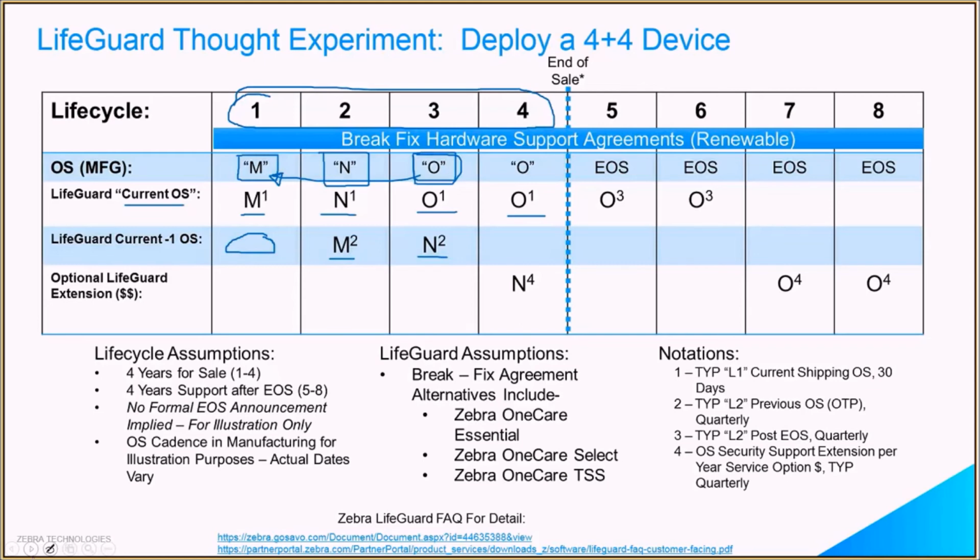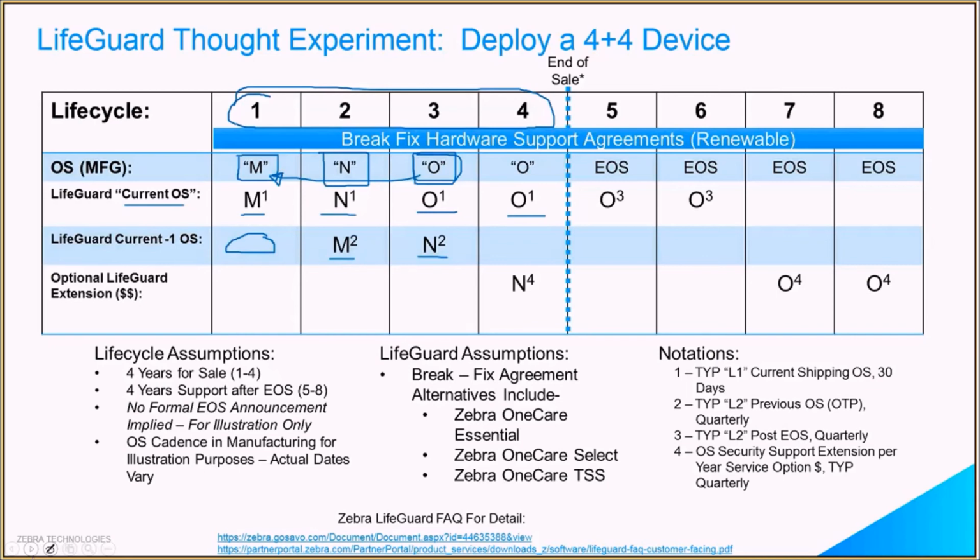The other thing that I wanted to mention was the fact that Lifeguard is included with Zebra OneCare. So those first 2 lines where it says current OS and then current -1 OS, that's support for no additional charge as long as the customer has a Zebra OneCare or maybe some sort of software contract, but at least a Zebra OneCare covering hardware and software.